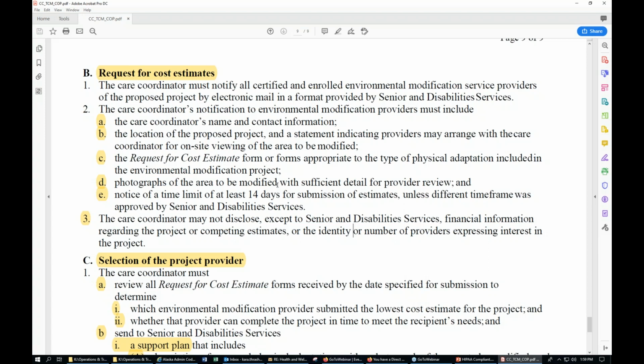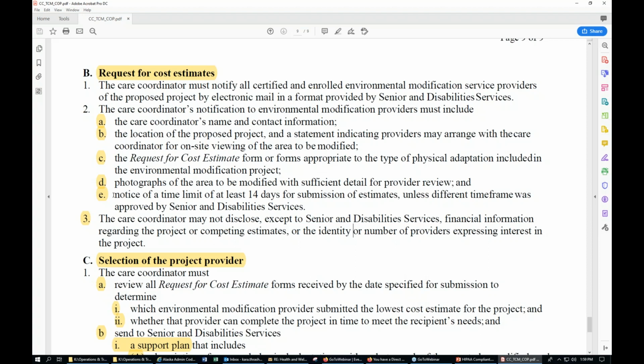So if somebody wants a ramp to a door, we want a photo of all the other doors to the home because of rules about non-duplication of EMODs. Okay, so we are asking for that so we have enough information to make the decision. So that'll be on the checklist / guidance document that we'll look at.